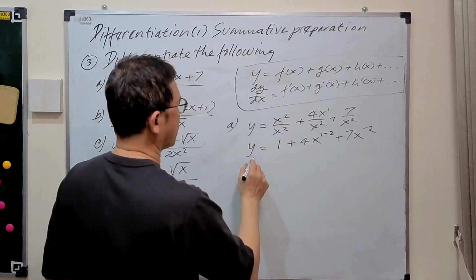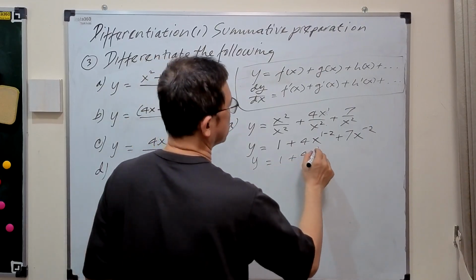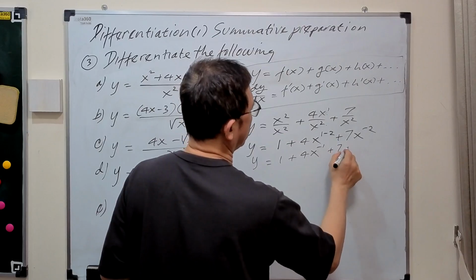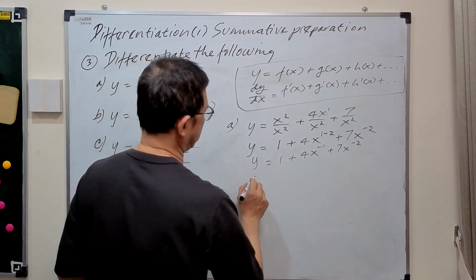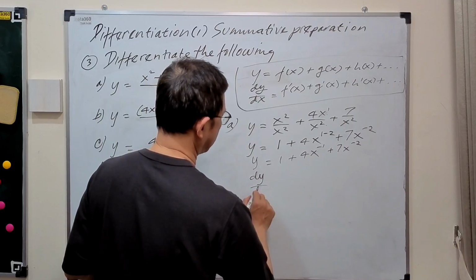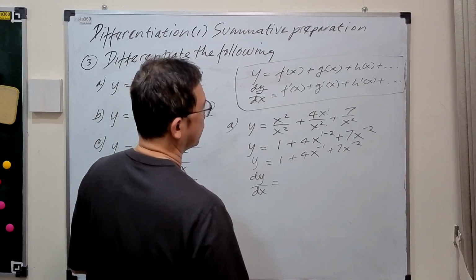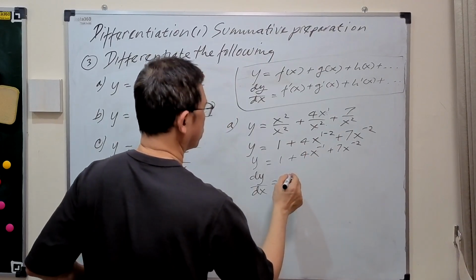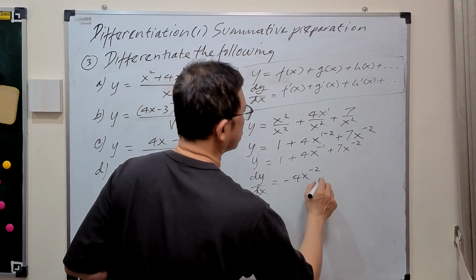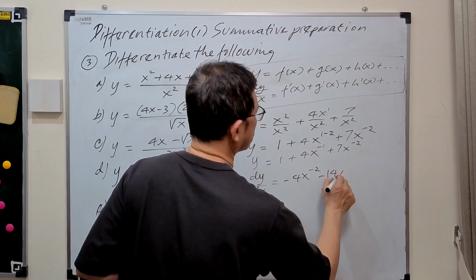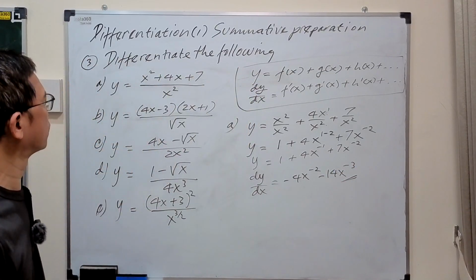We need to simplify this first. This expression is ready to be differentiated. So the derivative, dy over dx, equals 0, no need to write. The derivative of 4 to the power of negative 1 will be negative 4x to the power of negative 2 minus 14x to the power of negative 3. This will be the answer for A.